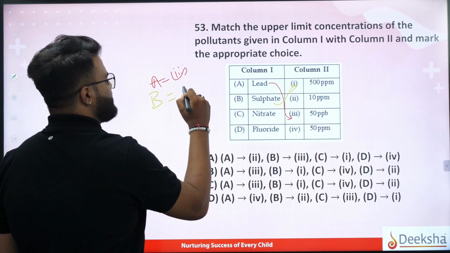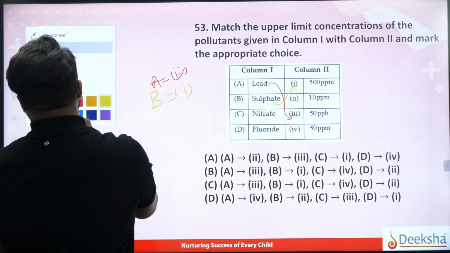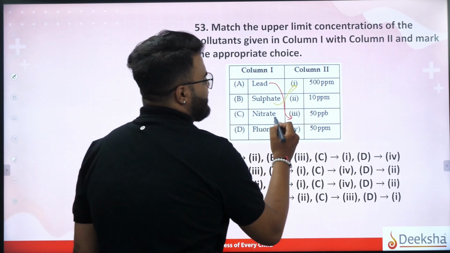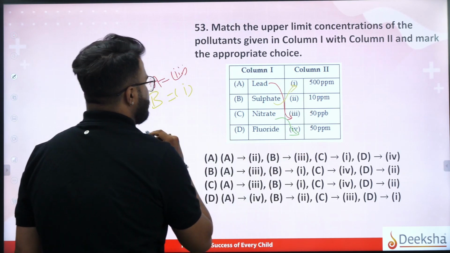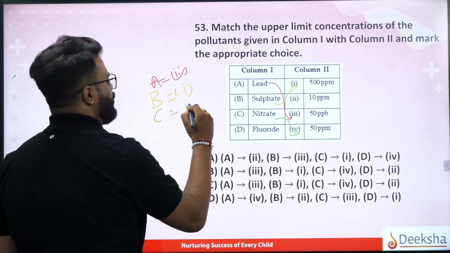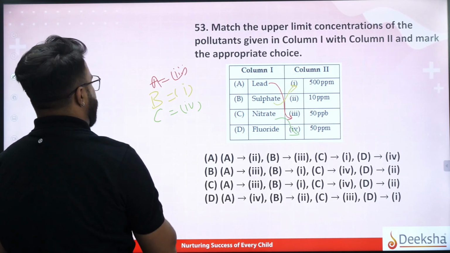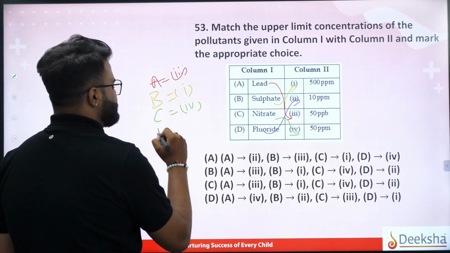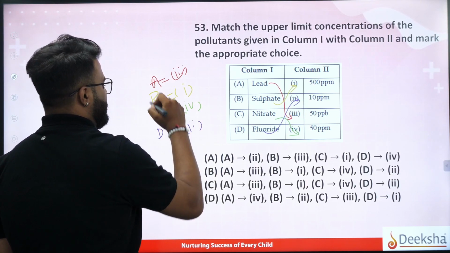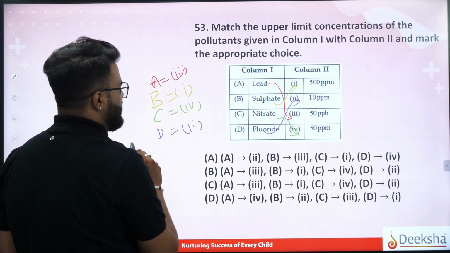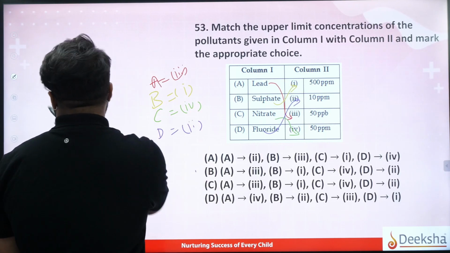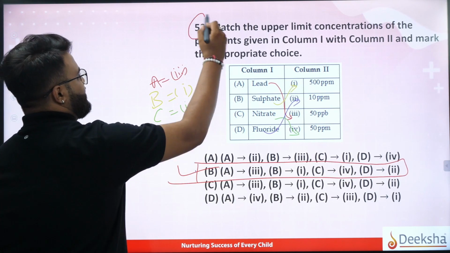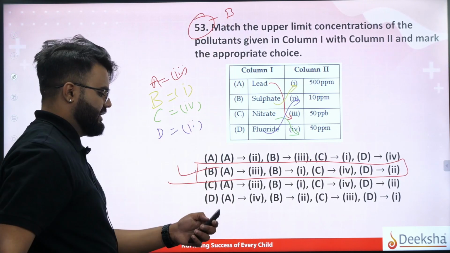So B is 1. Nitrate again, that is nothing but 50 parts per million, that is C is equal to 4. Then coming back to fluoride, it is 10 parts per million, that is D is equal to 2. So A is 3, B is 1, C is 4 and D is 2, that is option B, which will be the correct answer. So option B is your correct answer. For question 53, option B is your correct answer.